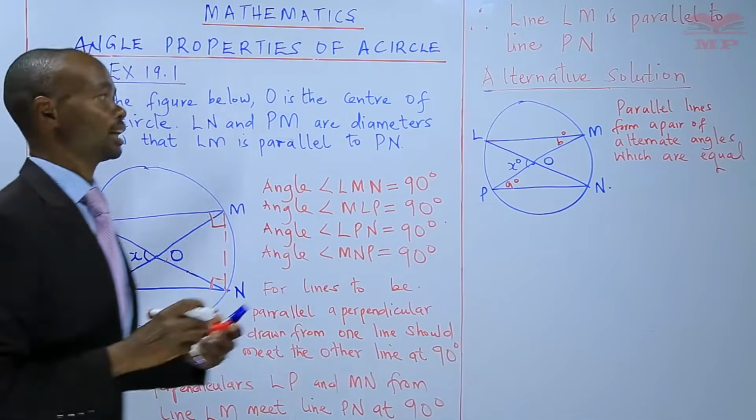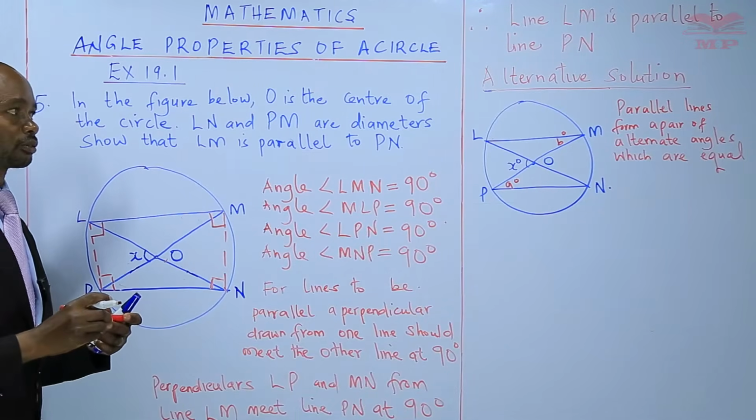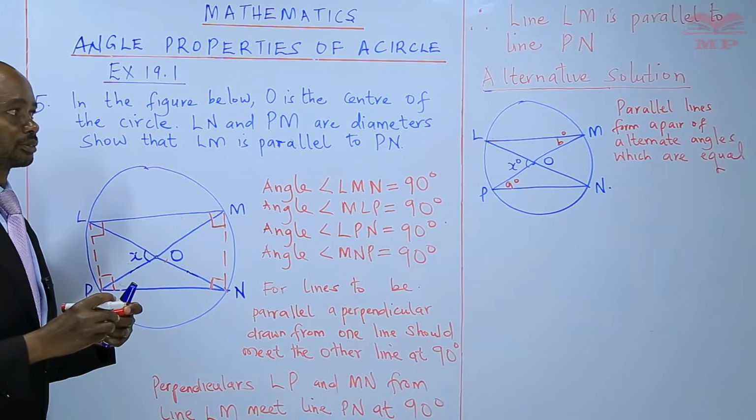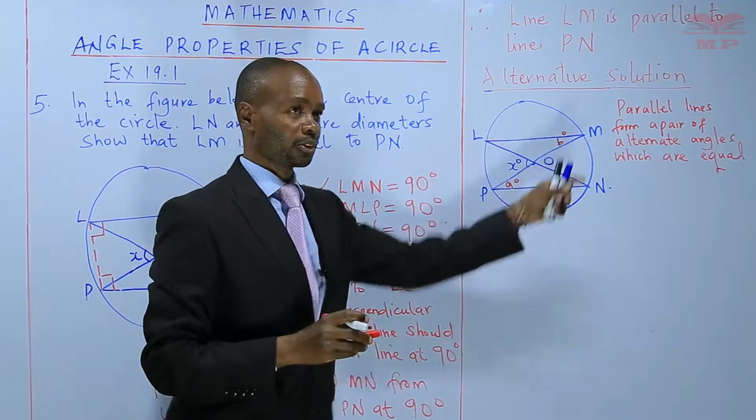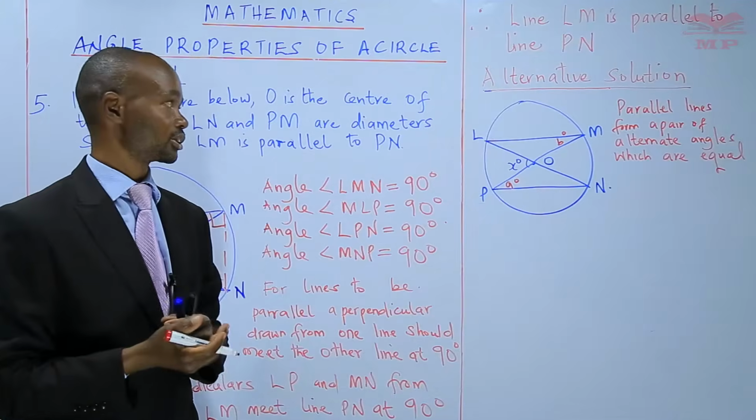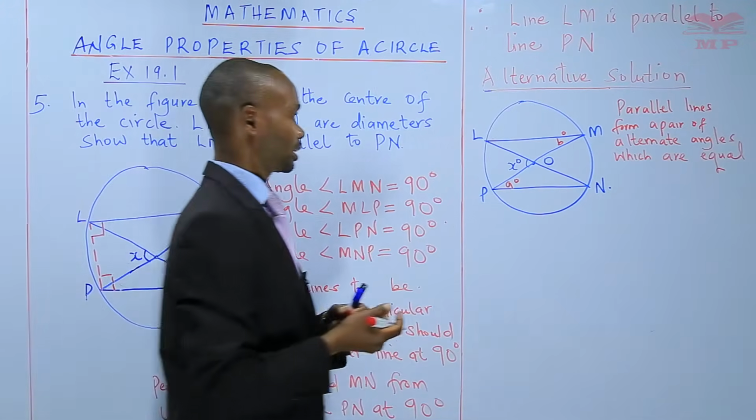In our question, we are asking if x will help us to get the value of A and B, then we find they are equal, then the lines are parallel.